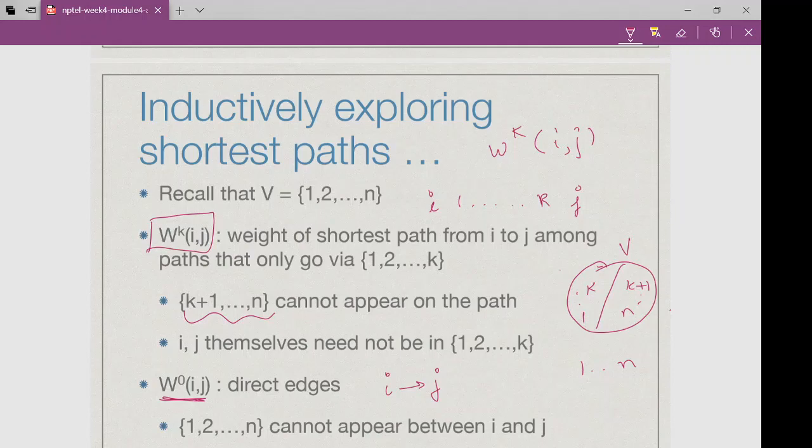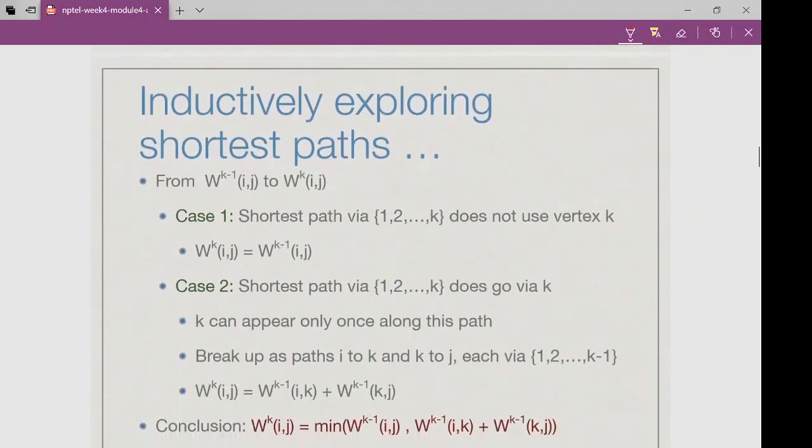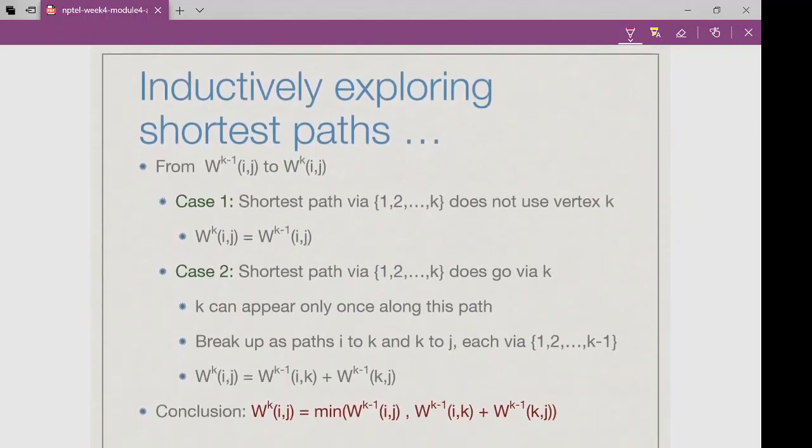So this is how we build our solution. Now let's generalize this. Going from W_(k-1)(i,j) to W_k(i,j), there are two possible cases. One is that the shortest path via 1 to k does not use vertex k.